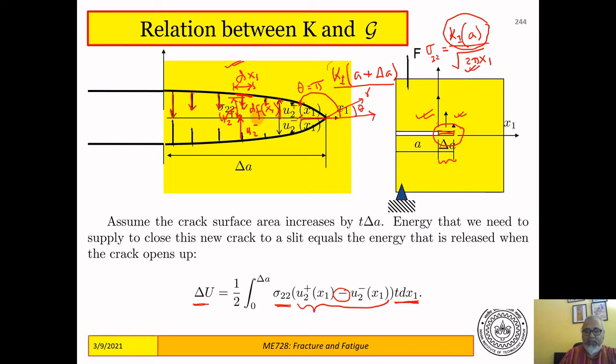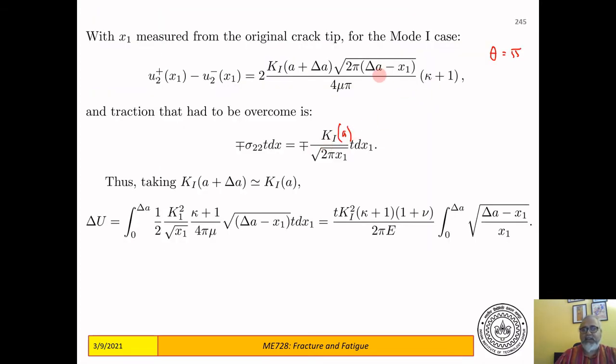So at this point, the magnitude of this r is delta a minus x1.